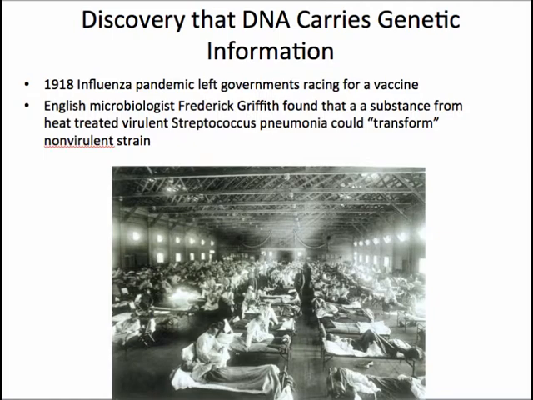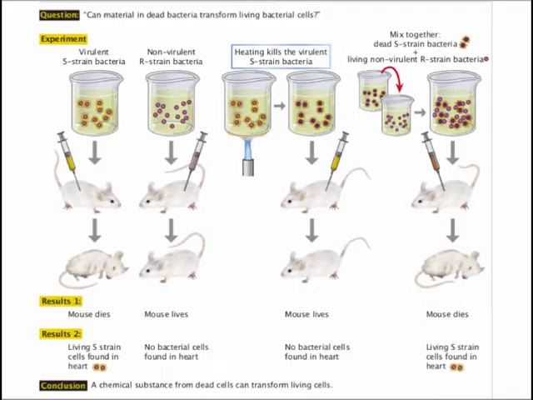So he was trying to investigate how to treat the Streptococcus to make it non-virulent. And he observed that non-virulent bacteria could actually be transformed and become the virulent strain. And he wanted to know how that was happening.